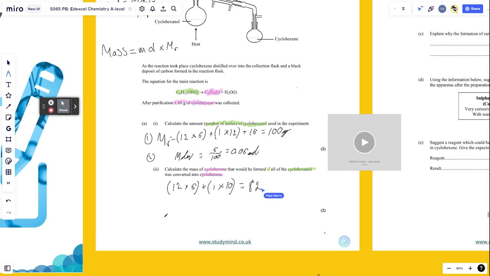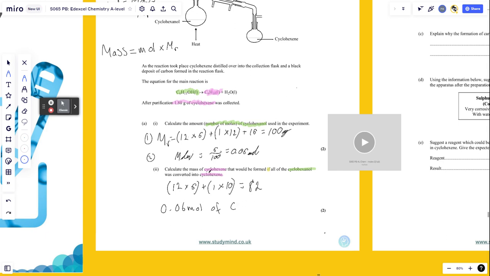So because it's a 1-to-1 ratio, we know we're going to have 0.06 moles of cyclohexene.